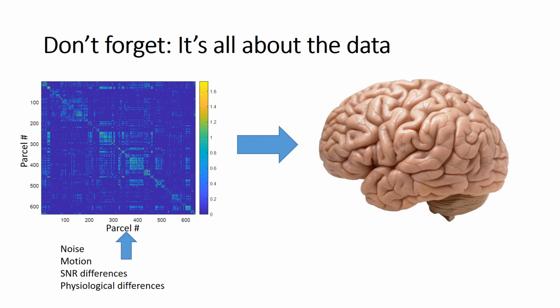A loss of SNR might mean that you have overall weaker links. It could give you a less dense graph at a given threshold, or it could affect things like your modularity or your efficiency. So just keep in mind the underlying data when you're trying to interpret your graph theory metrics.